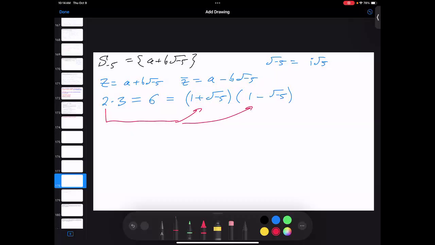Let's try to see. Let's say we have 2 times a plus b square root of -5 equals 1 plus the square root of -5. So we would get 2a plus 2b square root of -5 equals 1 plus the square root of -5. Is there any choice of a and b such that this will work? Can we find any integers a and b where this will work?